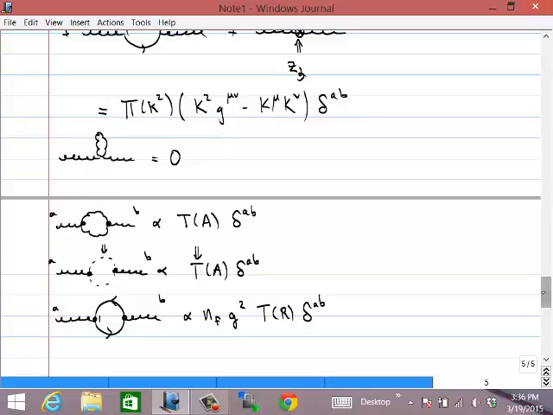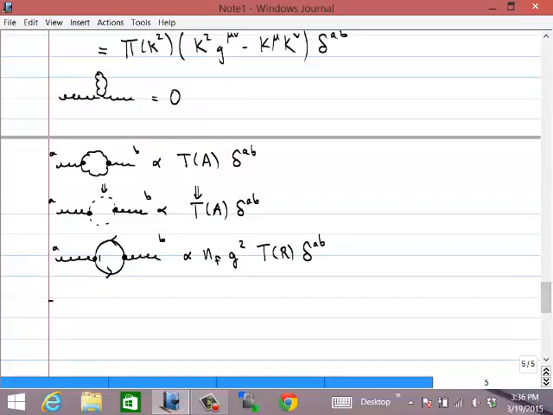So if you put all of this together, I'll just quote the answer for you. The gauge boson wave function renormalization counterterm has one term. Again, it's g squared over 8 pi squared, and there are 2 different types of contribution.